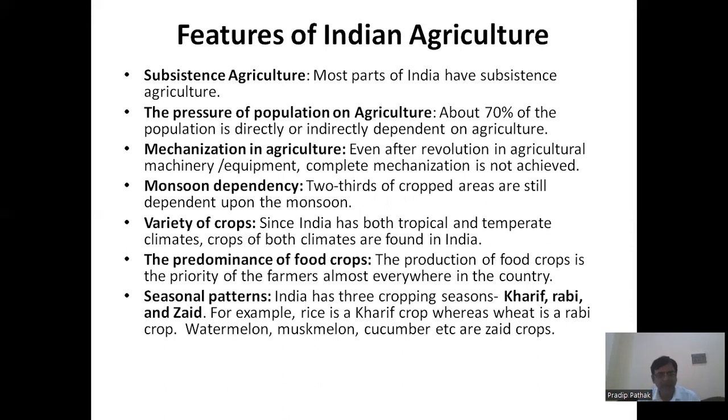Mechanization in agriculture is still missing, in spite of the fact that an agricultural revolution has taken place, and we have not been able to achieve complete mechanization. And a large part of our country, about 2/3 of the crop area, is still monsoon dependent, because we don't have excess water or the facilities relating to that.